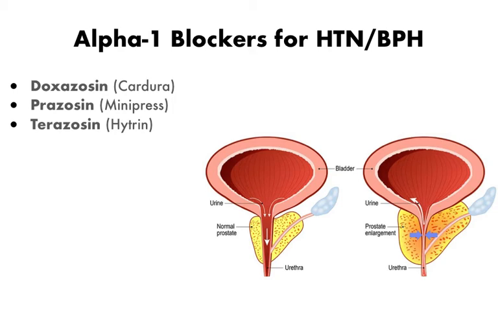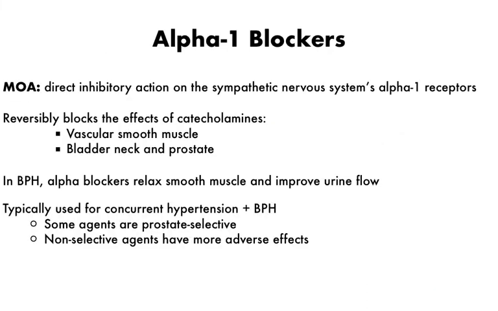And if the man also has hypertension, alpha-1 blockers are also throughout the cardiovascular system. We also get decreased vascular tone throughout the vasculature, and therefore we get lowered blood pressure. So they can certainly be used just for blood pressure, but this is a case where you can get two disease states treated in one medication. There are alpha-1 blockers that are more prostate selective.